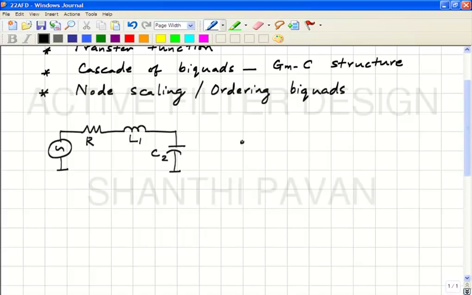A GMC structure which behaves like this is the following.